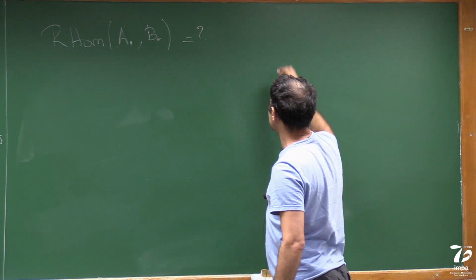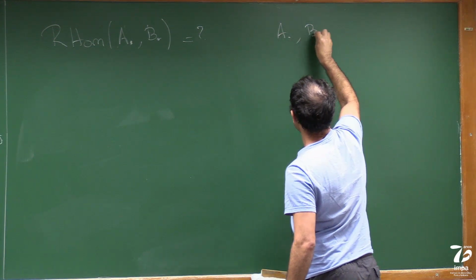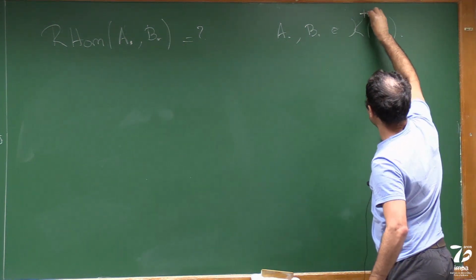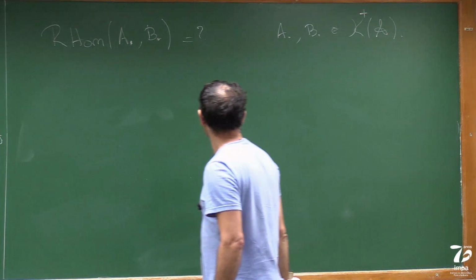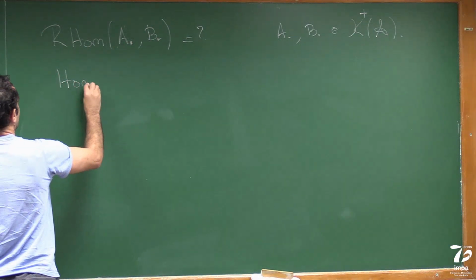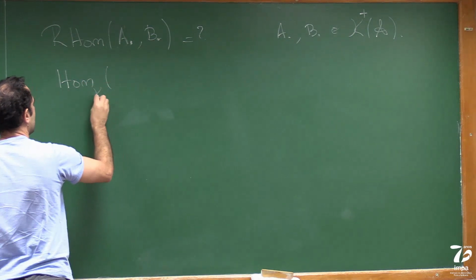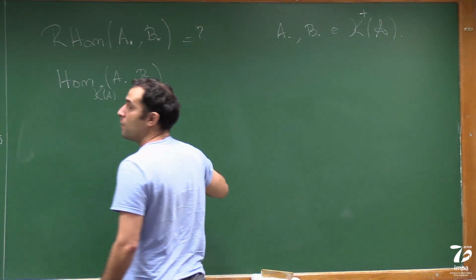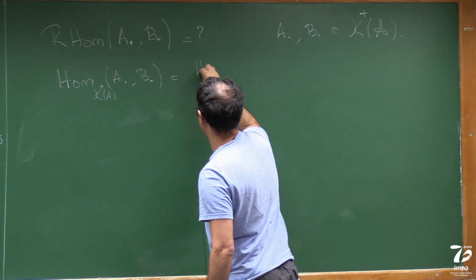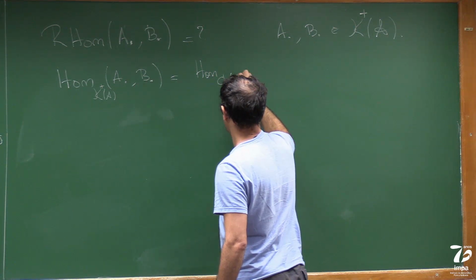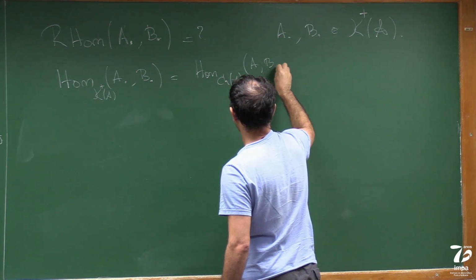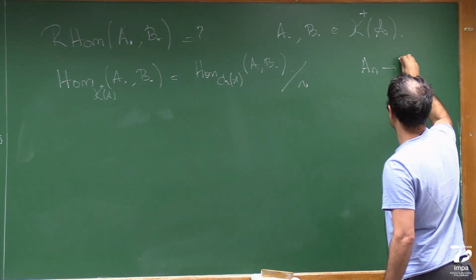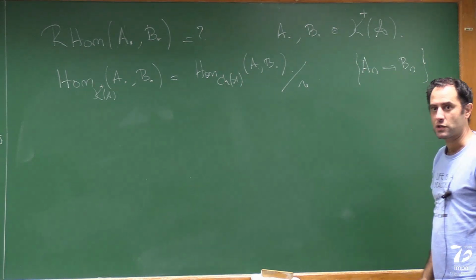So now notice that if you give me A and B in K plus of A, then hom in K plus of A between A and B was a quotient of hom of chains from A to B. In particular, this was a collection of maps from A_n to B_n, commuting with differentials.